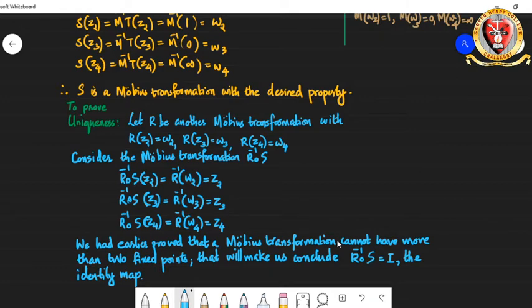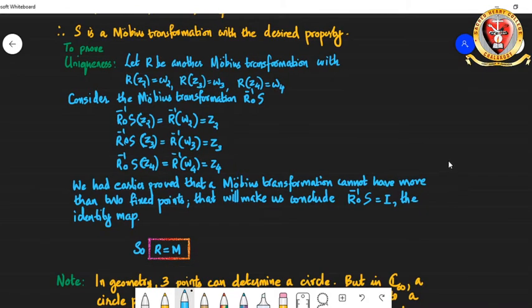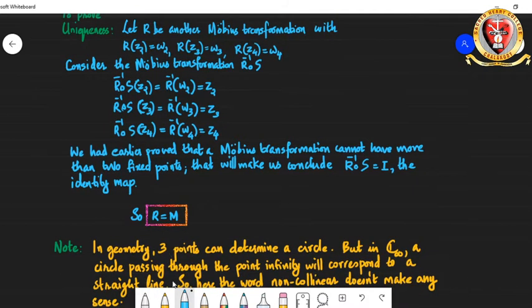That is the only possibility, because no other Mobius transformation can have more than 2 fixed points. So we end up with a result which says that R is equal to S. That means such a Mobius transformation with the desired property is unique. So we proved the first proposition, Proposition 3.9.